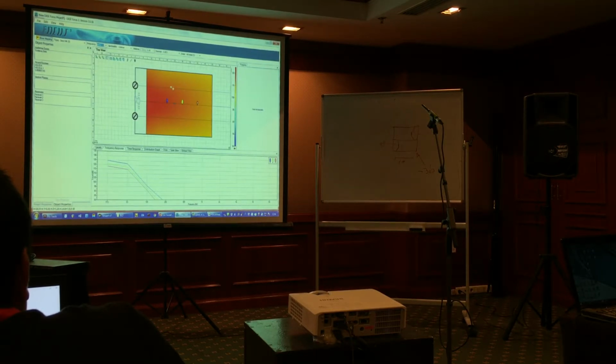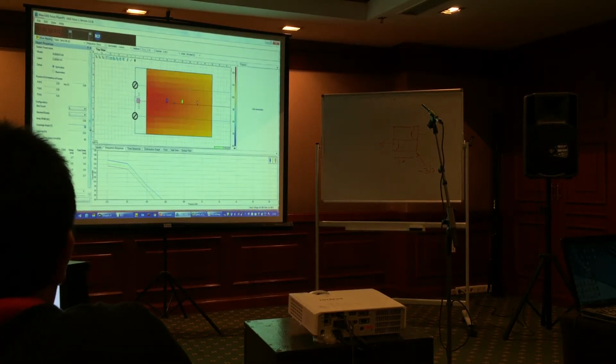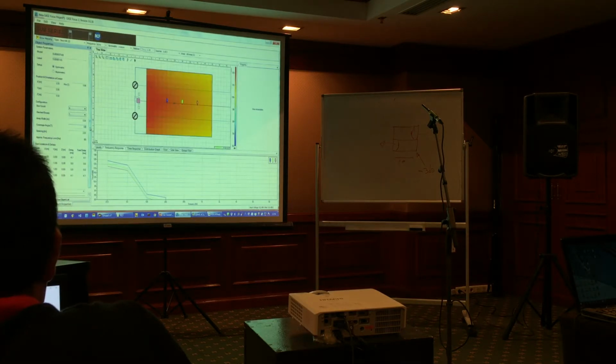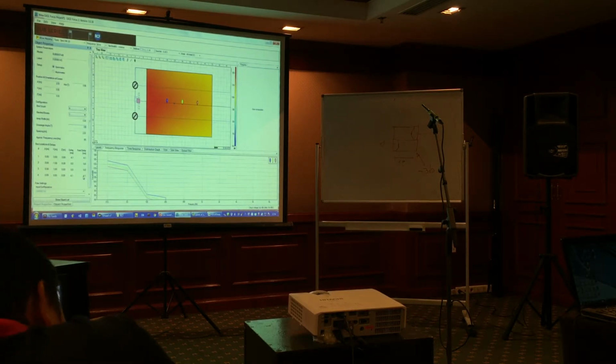Okay. So I can go here, and now the coverage angle is 0. I can type 120 degrees, for example. As you can see, the side subs are delayed by 4.1 milliseconds, calculated automatically.